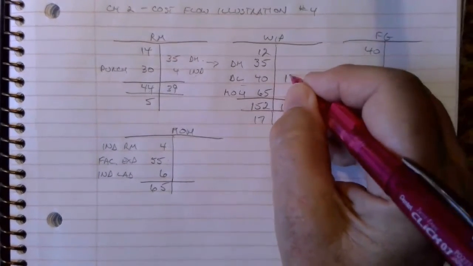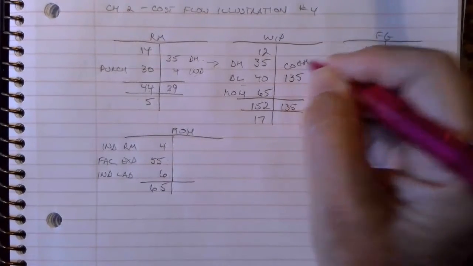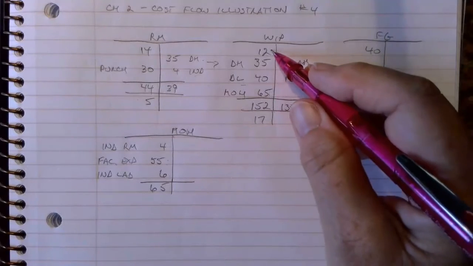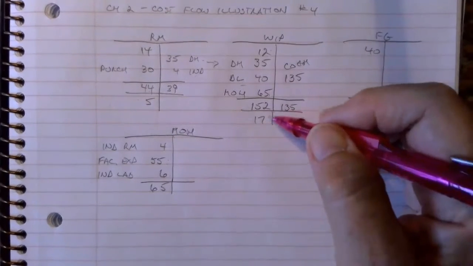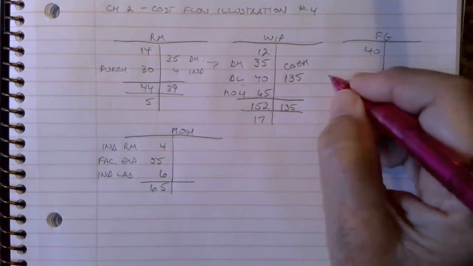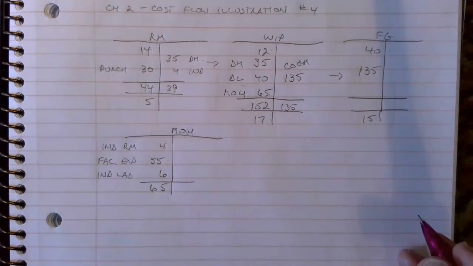So we know that cost of goods manufactured, okay, these are the costs added to beginning work in process minus ending work in process. Cost of goods manufactured is $135, and that would go to finished goods.